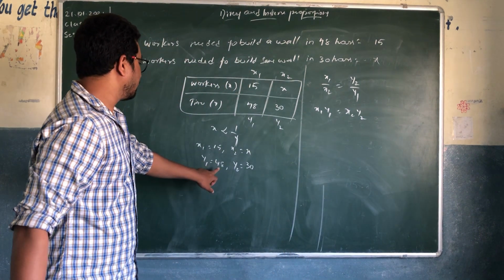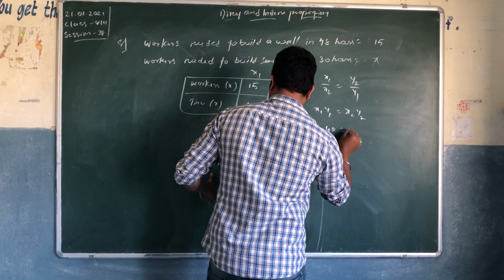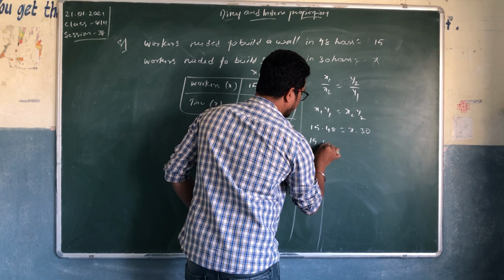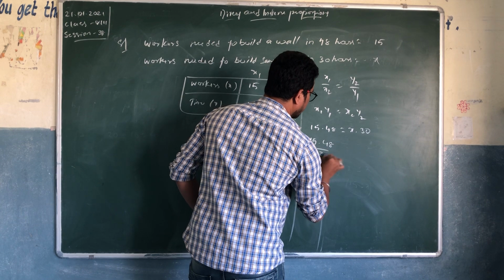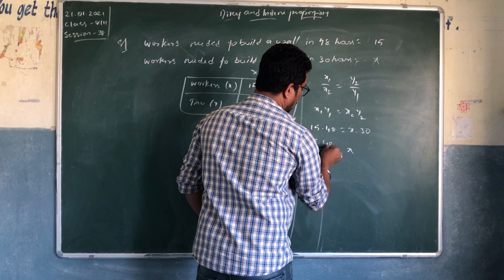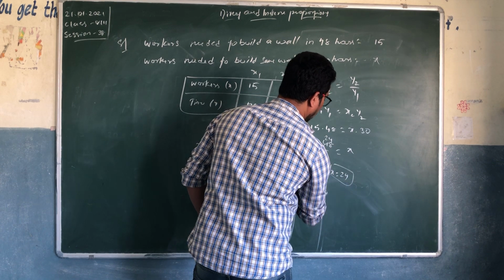Now, 15 and 48, right? 15 into 48 is equal to X into 30. 15 into 48 by 30 is equal to X. 15 ones, 15 twos, 2 ones, 2 24s. X is equal to 24.